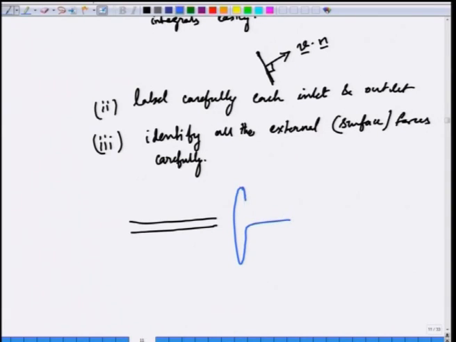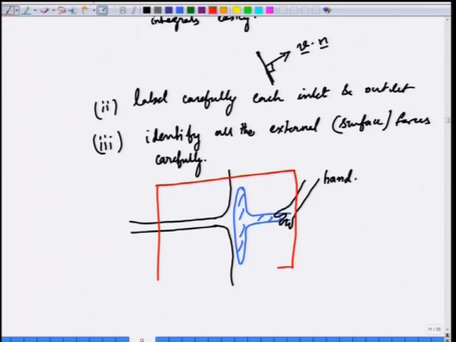This is a solid surface, and a fluid jet is coming and impinging on it, and it is going like this. Now, let us say you are holding this solid surface in your hand, and we choose the CV to be like this. So, this is the CV that you are choosing.